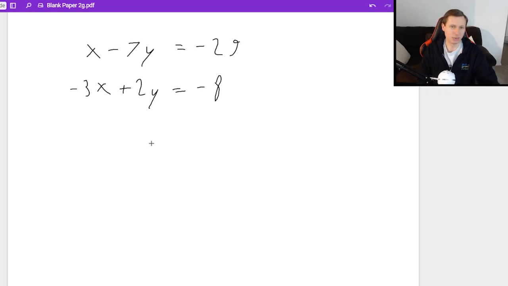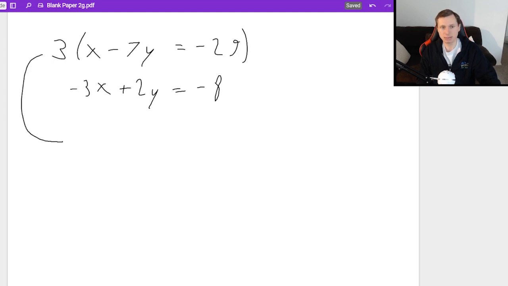No, I'm just kidding. We can solve this, but the first thing we need to do is we need to multiply one of these equations, or both of these equations sometimes, so that they do cancel each other out. So, for instance, I see here that if I multiply this top equation, if I multiply everything by 3, then that's going to get me positive 3x, which will cancel out with my negative 3x.